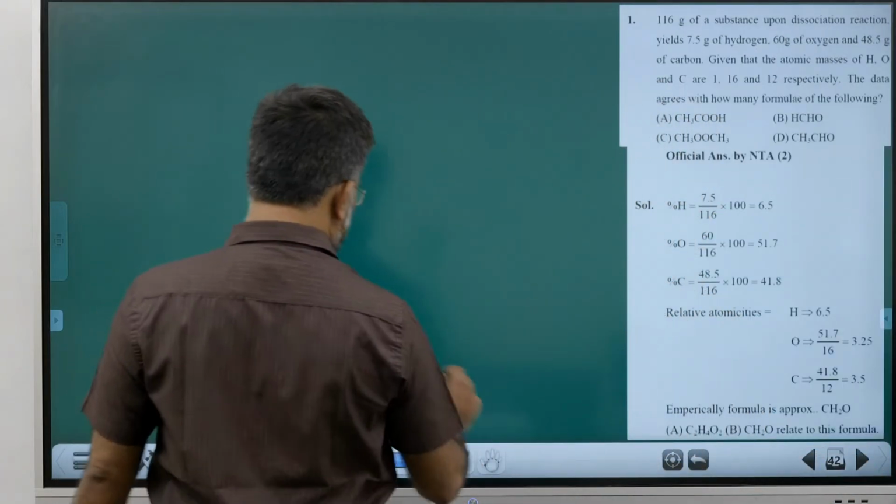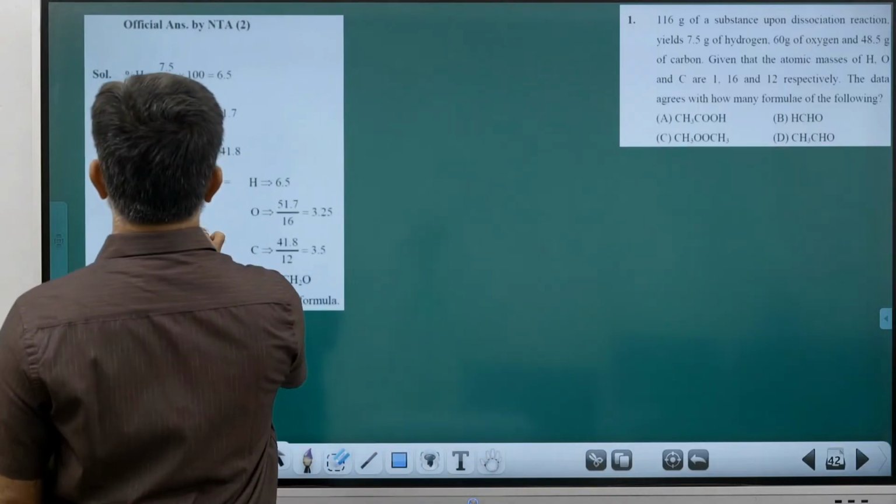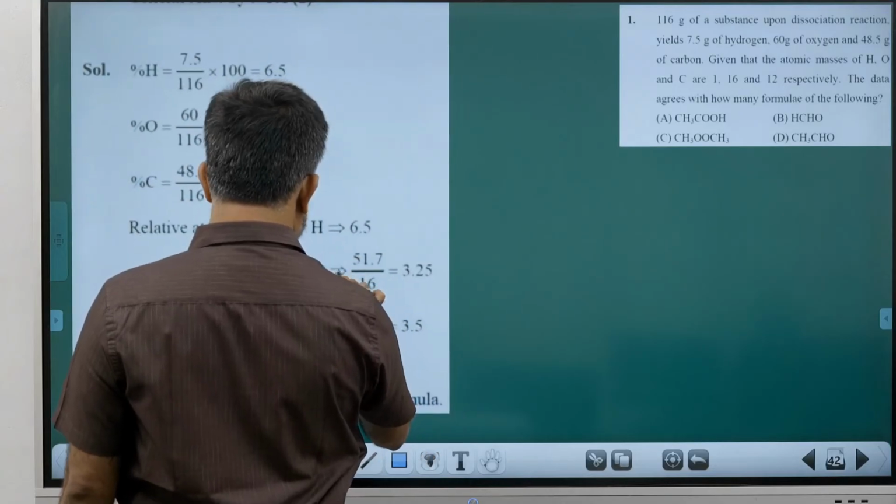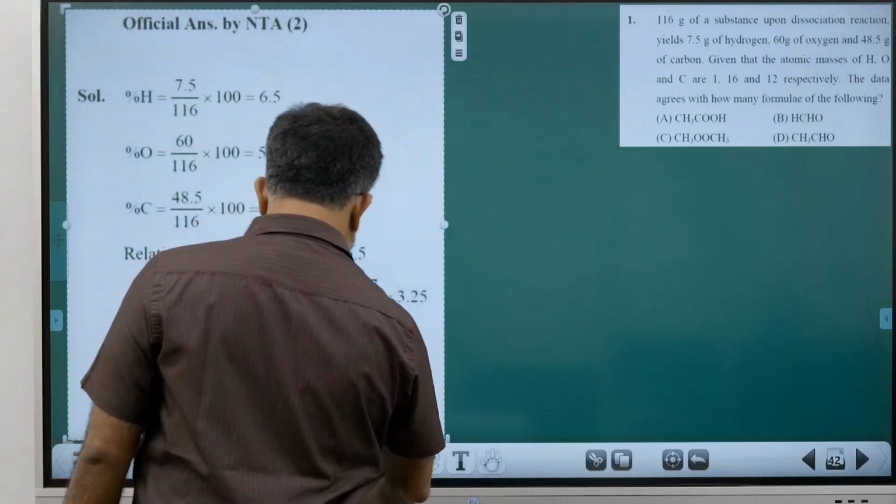We have to find the percentage of each element. How to find the percentage?